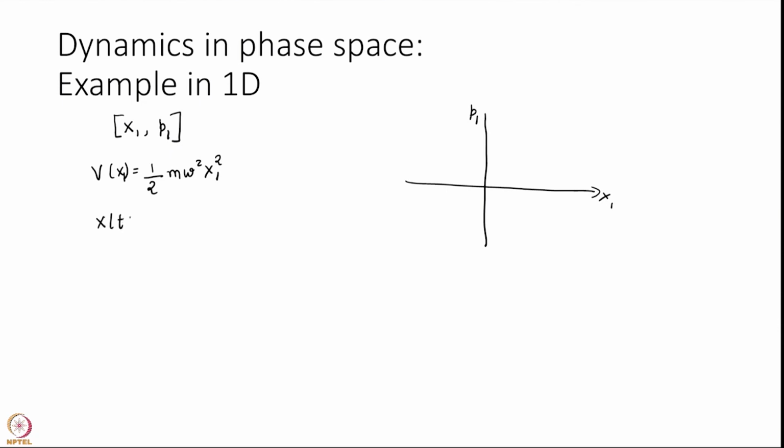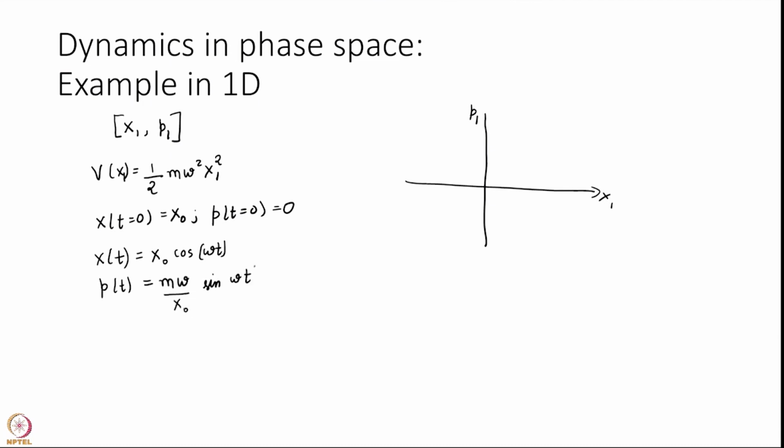Let us say x at t equal to 0 is some x naught, and let us say just for example p at t equal to 0 is 0. Okay. So, this problem is exactly solvable and you can quickly do the math for yourself, and this will come out to be, okay. So, you can verify whether this is true or not.